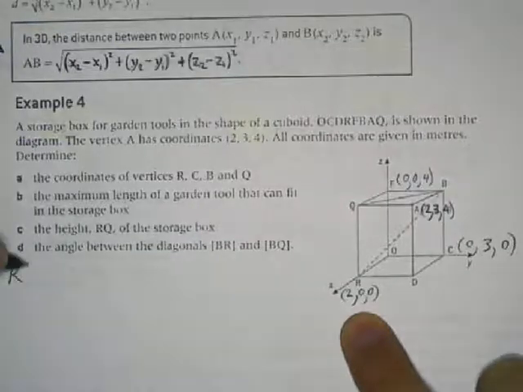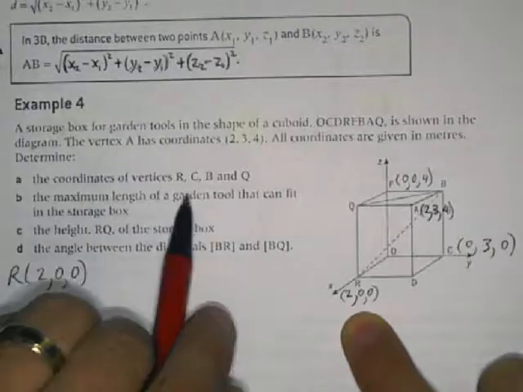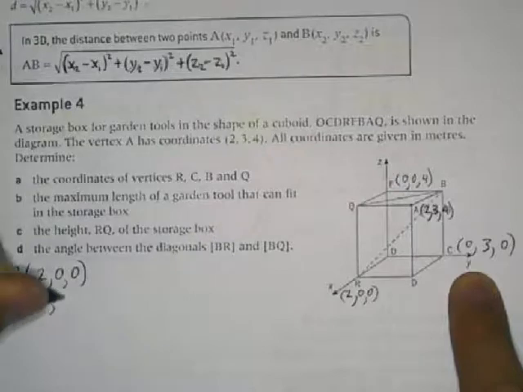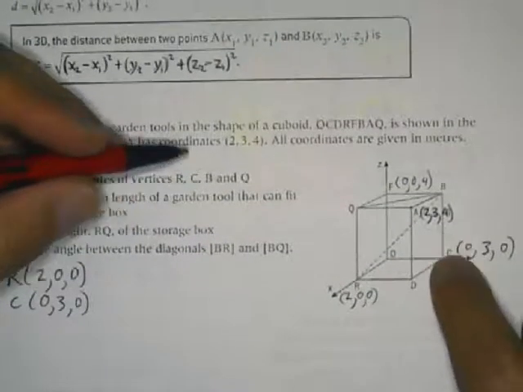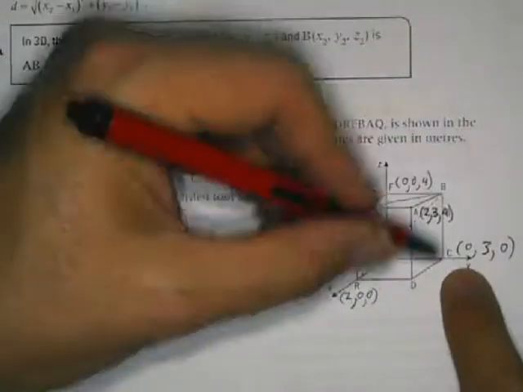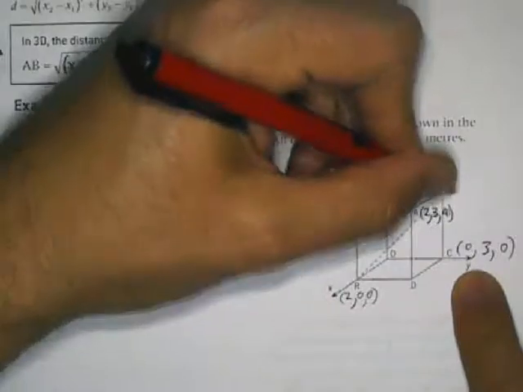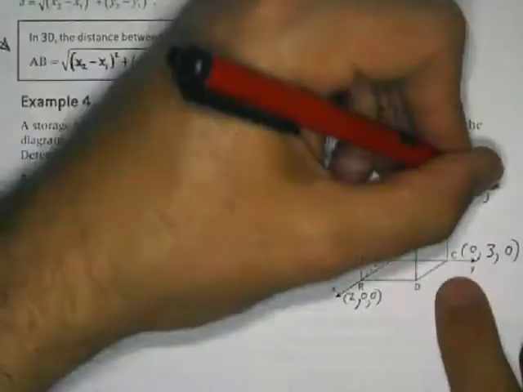R equals 2, 0, 0. C, we know is 0, 3, 0. And B is the same as C, except it's shifted up 4. So at B, we're at 0, 3, and we've shifted up 4.